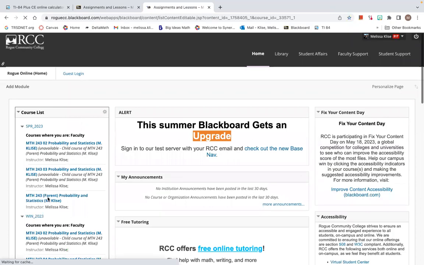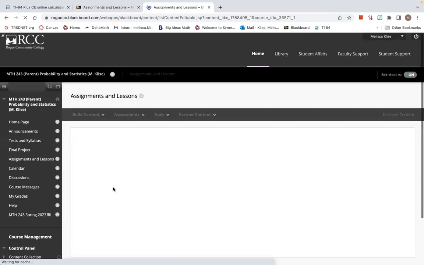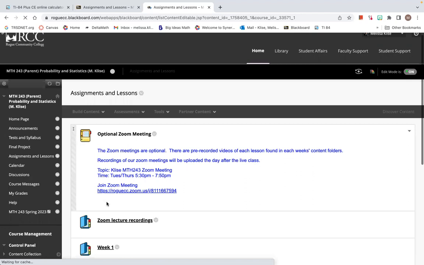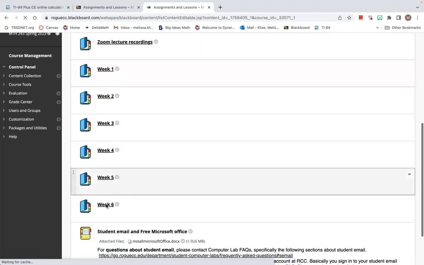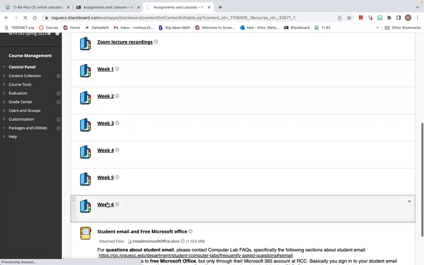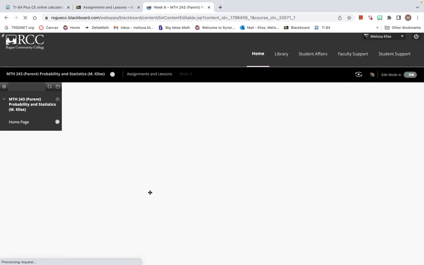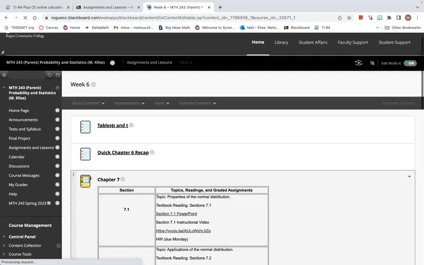It's thinking about it. So if we scroll down and look in this week's materials, maybe it's processing my request. Right at the top, it says tables Z and T.